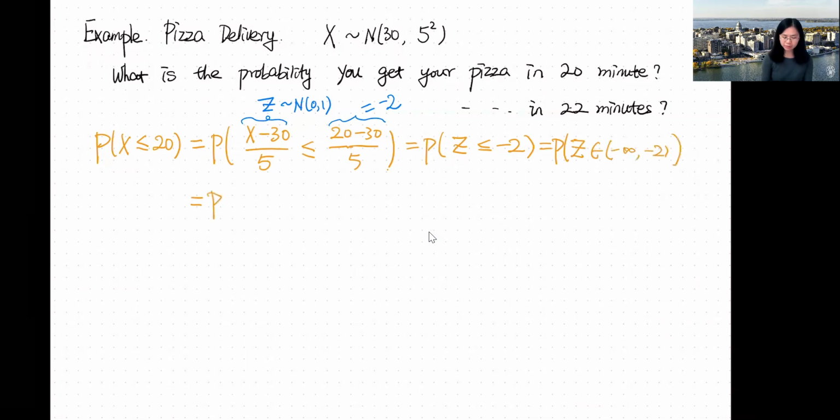And that equals the probability that Z belongs to the reverse image of that interval, which is 2 to infinity, which equals the probability that Z is greater than or equal to 0 minus the probability that Z belongs to 0 to 2.